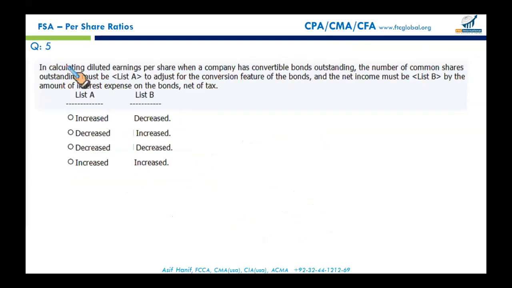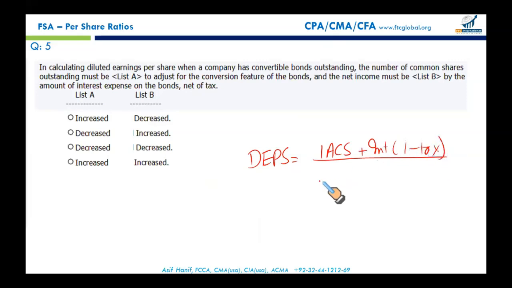Next, in calculating diluted earning per share, when the company has convertible bonds outstanding, we calculate it by taking IACS, income available to common stockholders, plus interest times 1 minus tax rate, upon the shares that are currently in existence plus the new shares that will be issued.